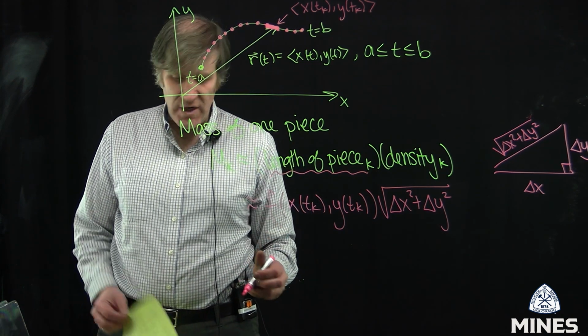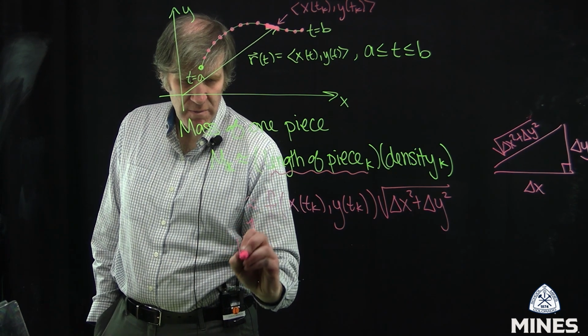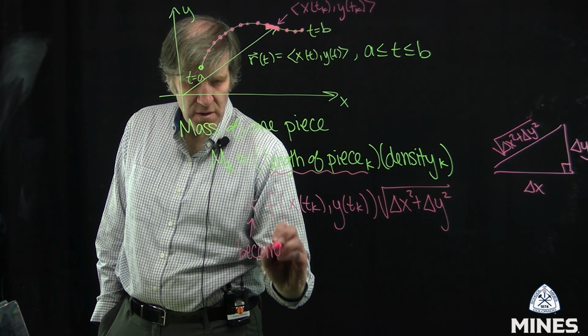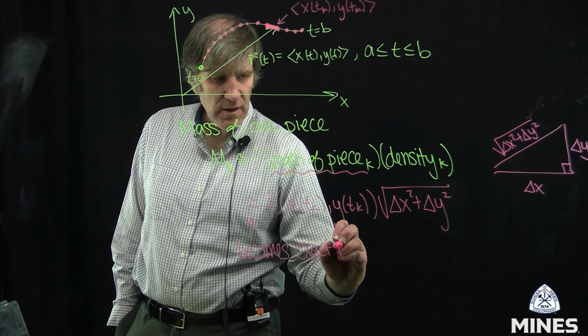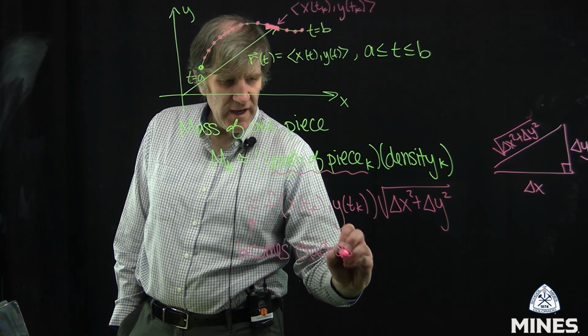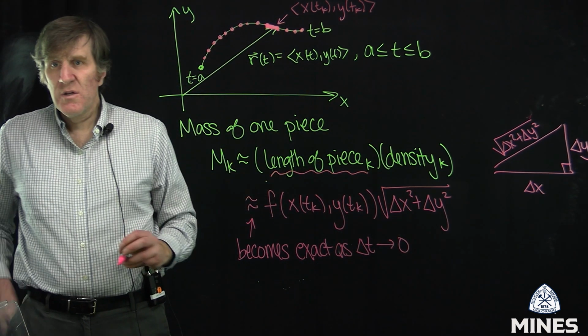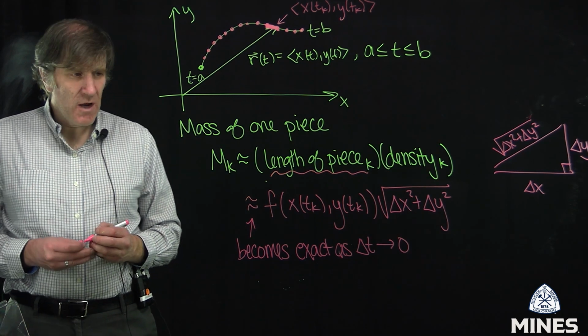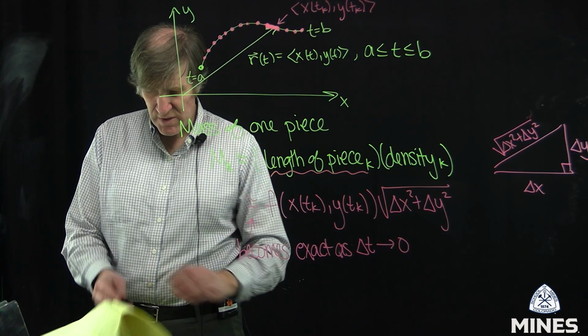Now, both of these quantities will become exact, and that approximation becomes exact as delta t goes to 0. So just like with the Riemann sum, as we take a limit as delta t goes to 0, we get something closer and closer to exact.